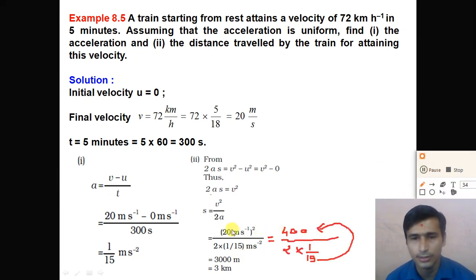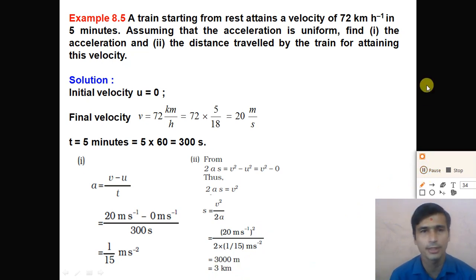We take the 15 in the upward direction: 400 multiplied by 15 divided by 2, we get the answer 3000 meter. So the distance traveled by the train for attaining this velocity is 3 kilometer, because 1000 meter is equal to 1 kilometer.